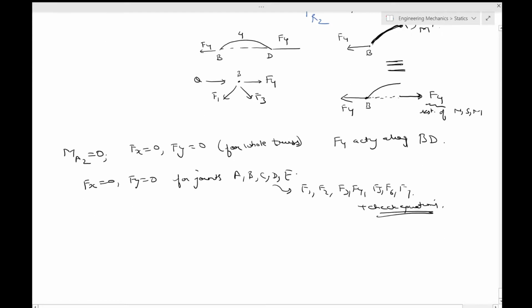The other method which we want to learn over here is called the method of sections.